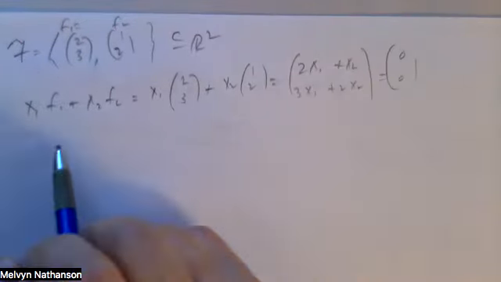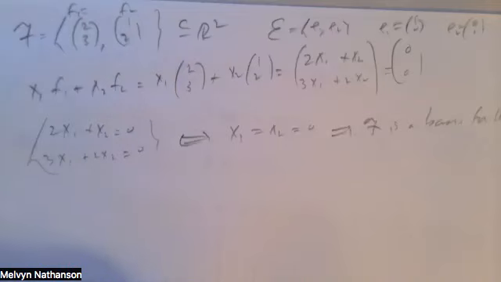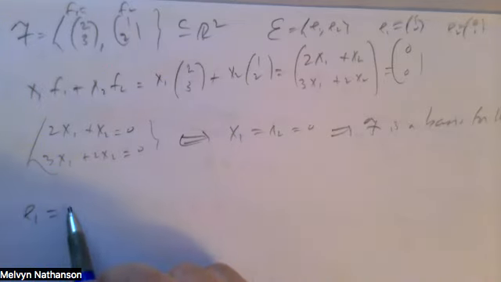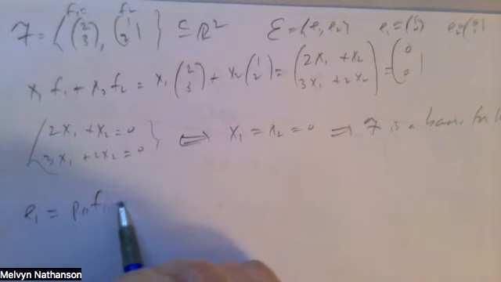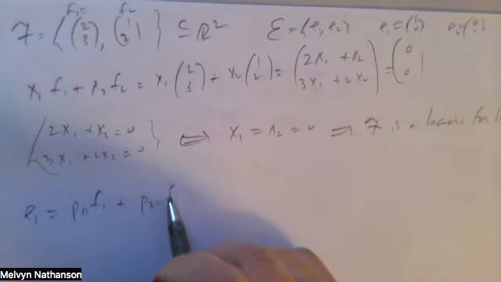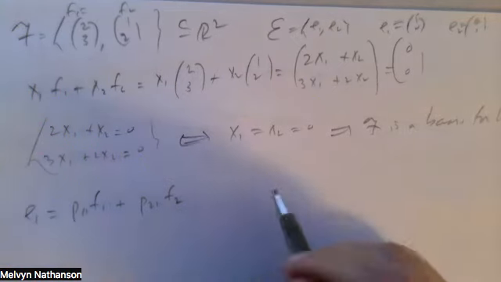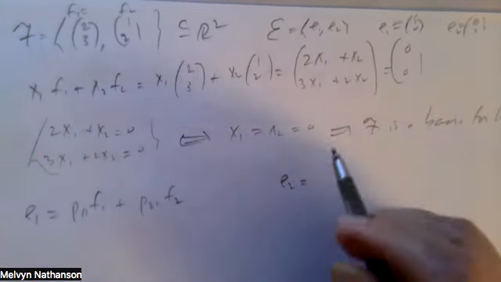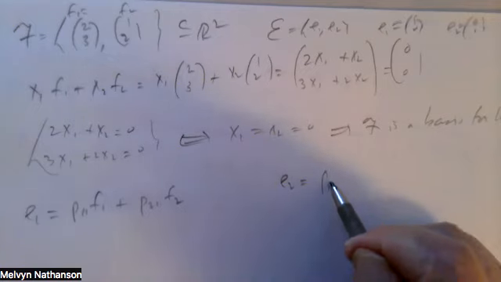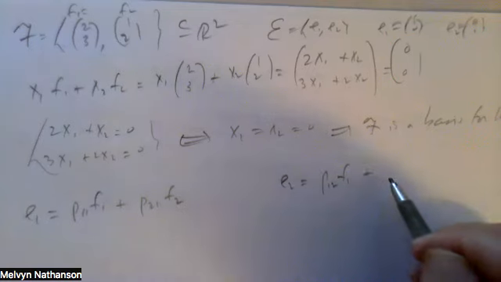Suppose I want to write the vector e1. Remember, the standard basis consists of vectors e1 and e2, where e1 is 1, 0, and e2 is 0, 1. So I can write e1 as some linear combination of f1 and f2, and I can write e2 as some linear combination of f1 and f2.